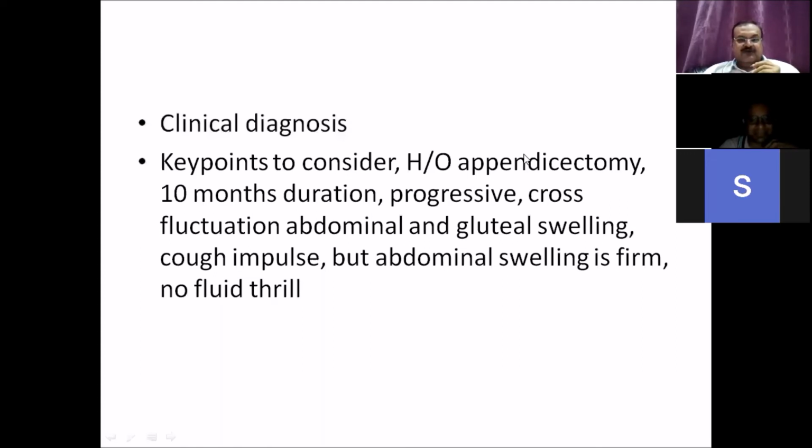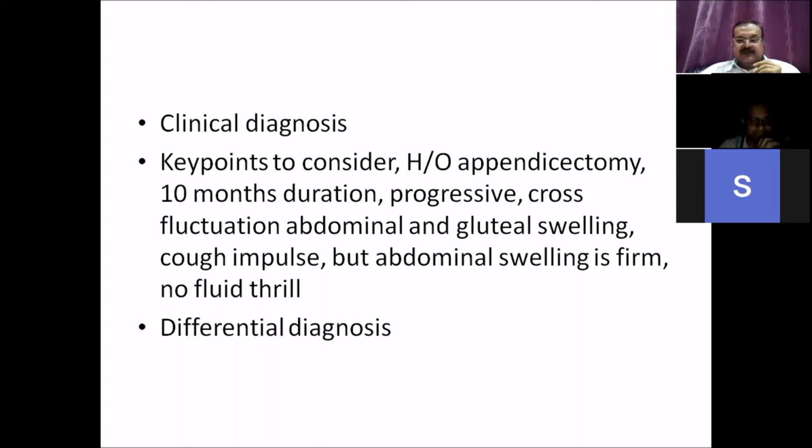So we have got 2 diagnoses here: pseudomyxoma and retroperitoneal tumor. Both of them are equally good diagnosis. Pseudomyxoma diagnosis comes because there is a history of appendectomy, and retroperitoneal sarcoma with herniation is second diagnosis.